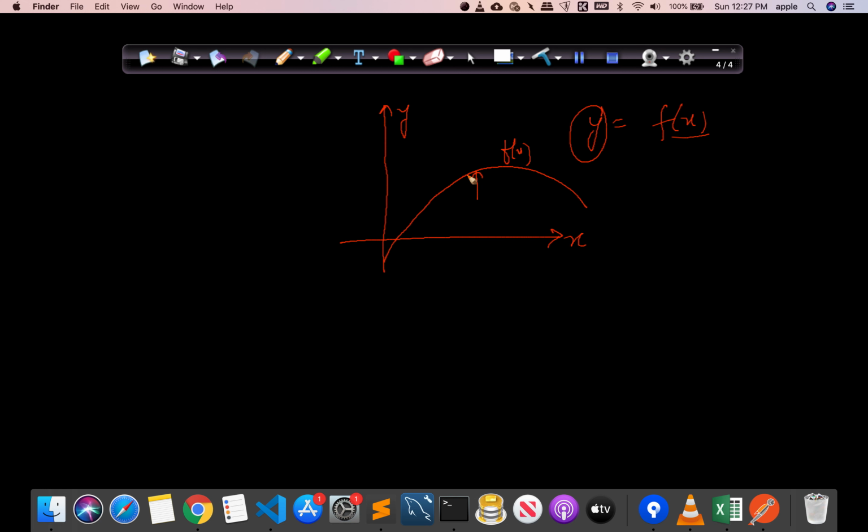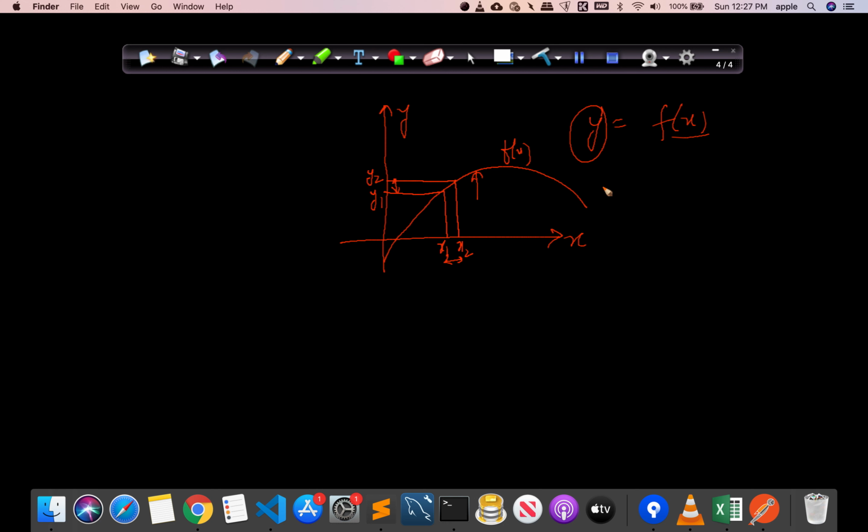So if you want to know the rate of change of this value, suppose x changes from this point to this point, this was x1, this was x2, and this is y1, and this is y2. So we want to know how much this y will change if we change this x.